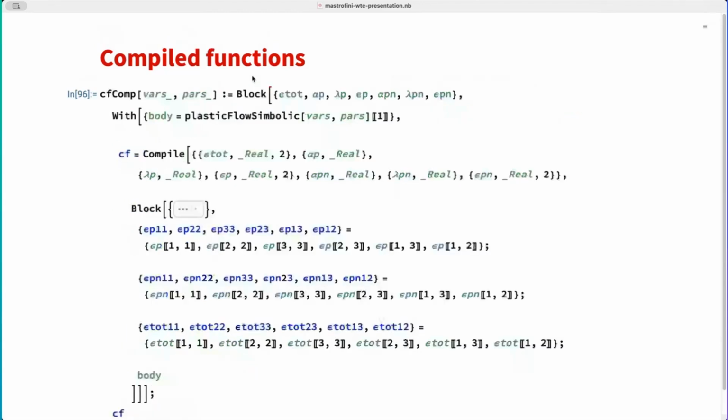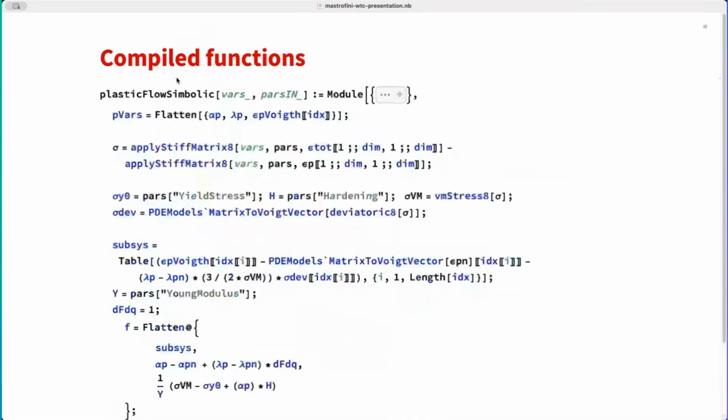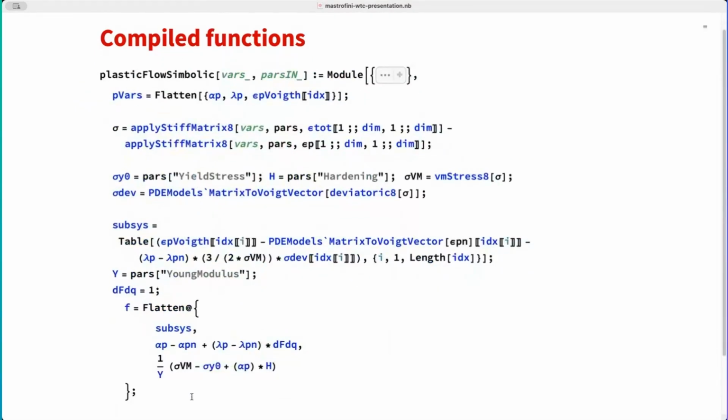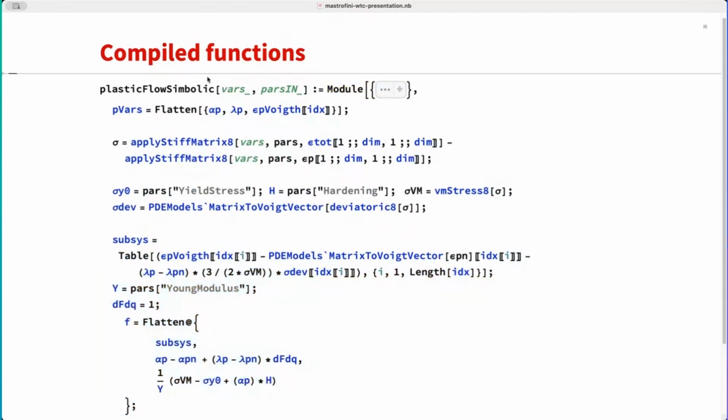In fact, this can be obtained by replacing the symbolic variable of the previous example with the argument of this new compiled function. And this is the same set of equations seen before.